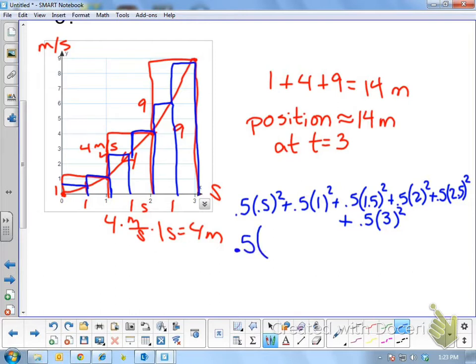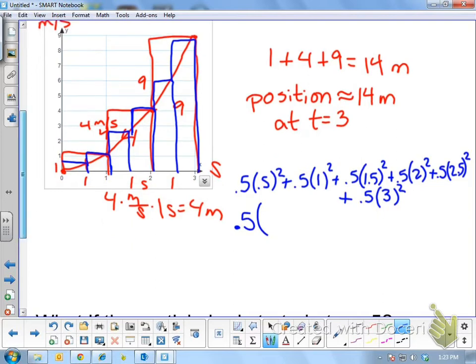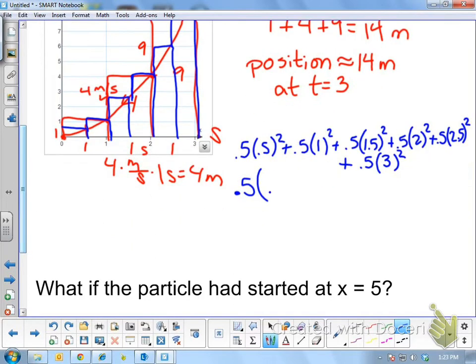That would work. The squared we can't factor out, but we can factor out the 0.5 and just have 0.5 squared plus 1 squared plus 1.5 squared plus 2 squared plus 2.5 squared plus 3 squared.